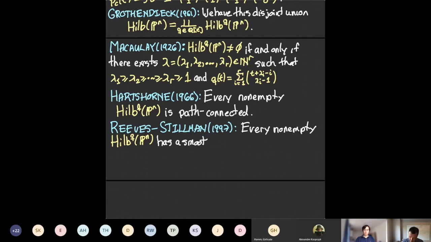So there's some point on a Hilbert scheme such that the dimension of the space at that point is equal to the dimension of its tangent space. And you'll see in a moment why at the time that was surprising. So it suggests that things aren't so bad. And the goal of this talk is to extend that and to classify all smooth Hilbert schemes of the form we've been discussing.